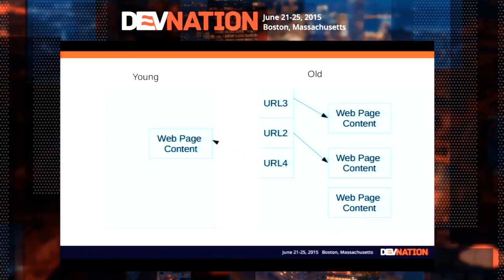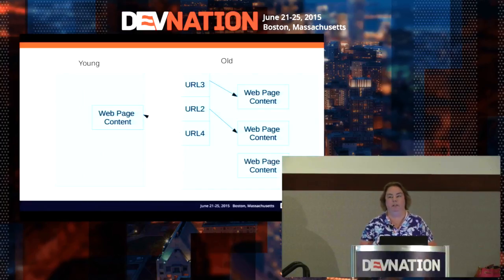Meanwhile, the stuff that's actually garbage, the stuff that was pointed to by URL 1, isn't going to be collected until you get to an old generation collection. This is one of those cases where a generational collector may not buy you anything, but something like Shenandoah, or G1 for that matter, G1 can do this too, will focus the garbage collection energy on the regions that have garbage. So we'll actually be targeting whatever region has that garbage web page content, and that'll go away.